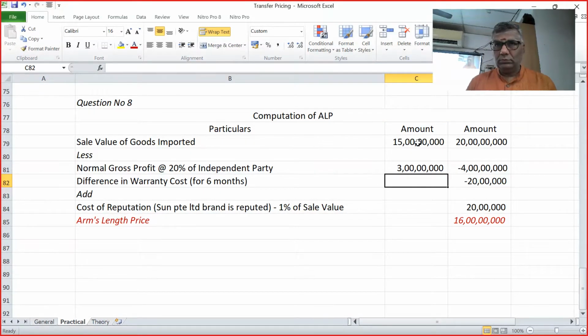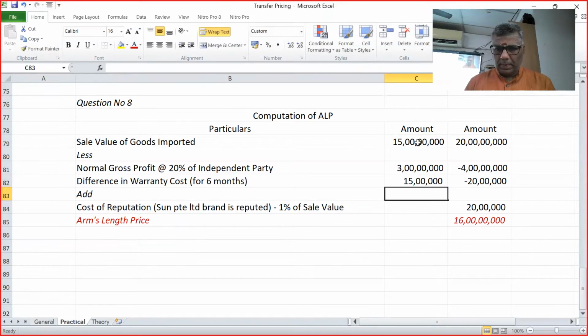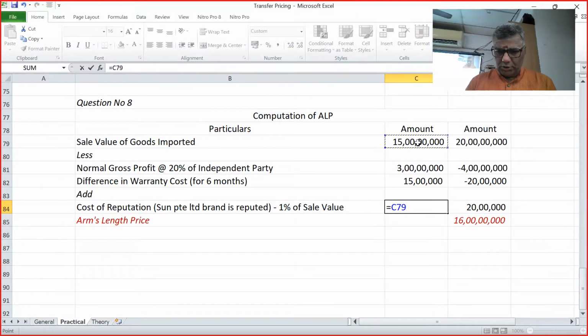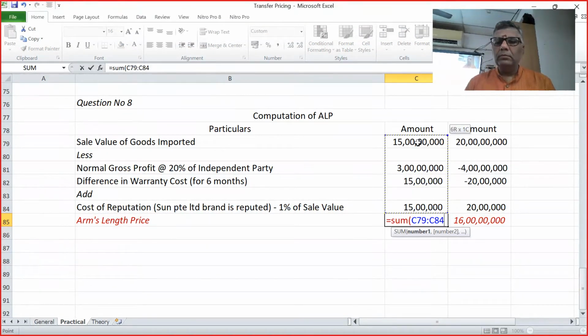15 crores into 2% into 6 by 12. This will be the 15 crores into 1%.